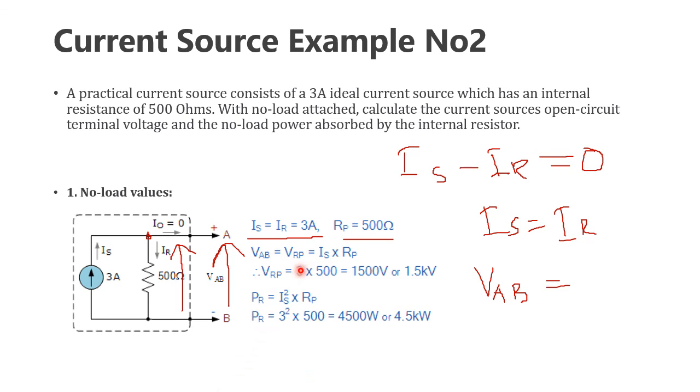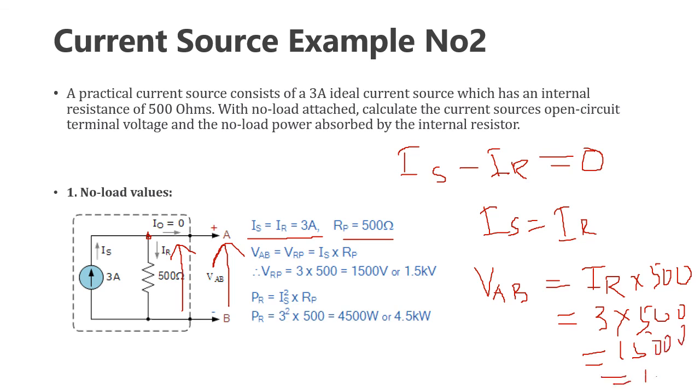Therefore, VAB will be equal to IR into 500. IR is equal to IS, which means 3 ampere. So 3 into 500 equals 1500 volt, which is 1.5 kV. So the VRP or VAB will be 1500 volt or 1.5 kV.